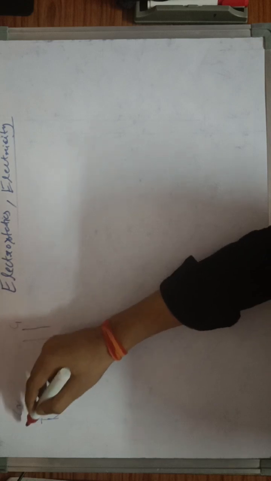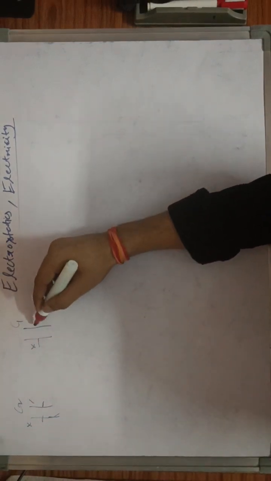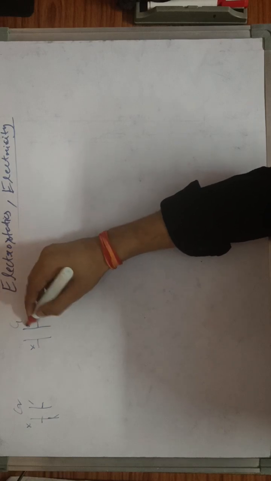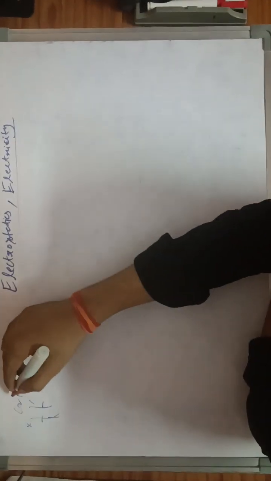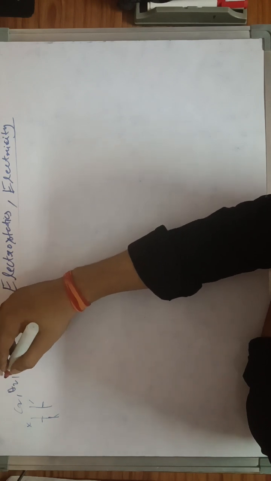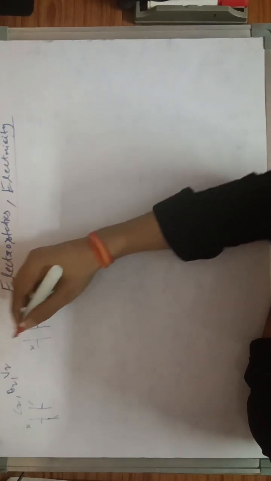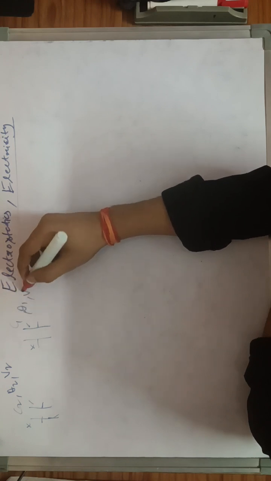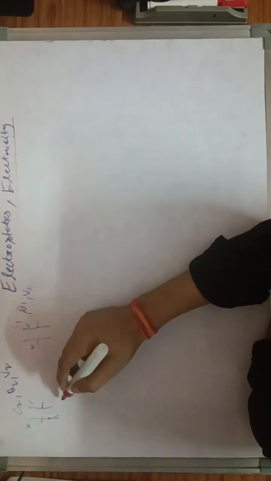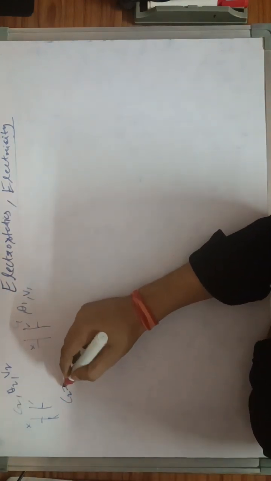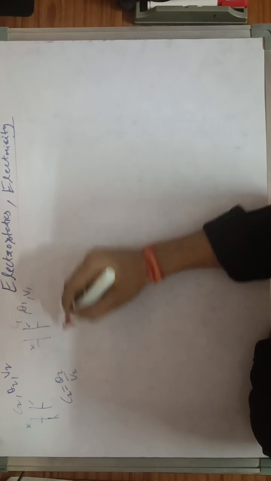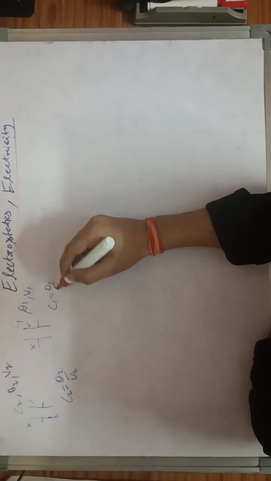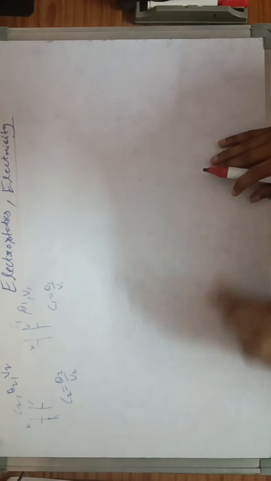Let's say C2 has Q2 charge initially and V2 potential difference across it, and C1 has Q1 charge and V1 potential difference across it. And we know that C2 is equal to Q2 by V2 and C1 is equal to Q1 by V1. That is the basic definition of capacitance.